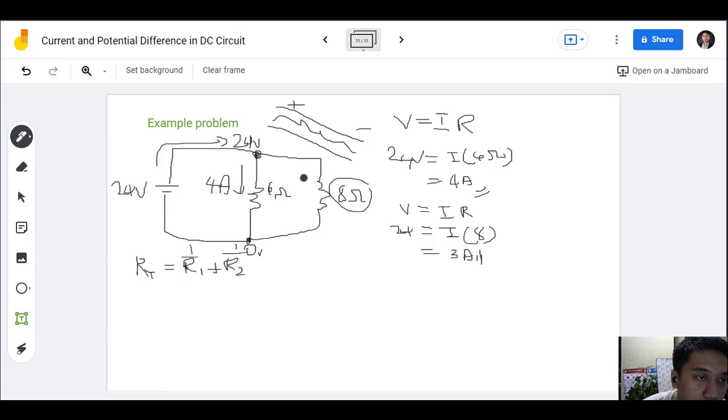So we will have here 3 ampere. Ayan. So kung i-add natin to, no, we have 7 amps of current. Ayan. So kapag in-add natin, no, so Kirchhoff's pa rin. So 4 plus 3, that will be 7, or 7 minus 7, that will become 0. 0 pa rin. Okay?